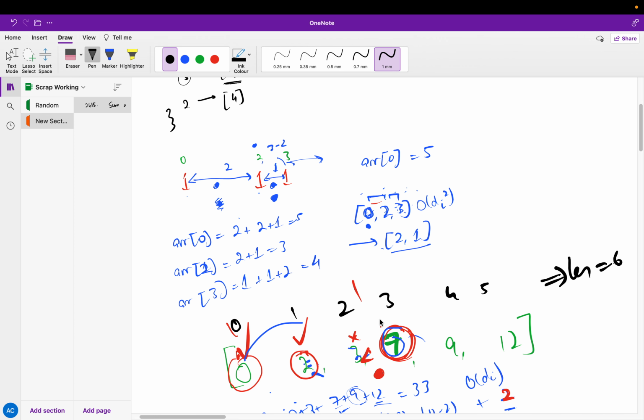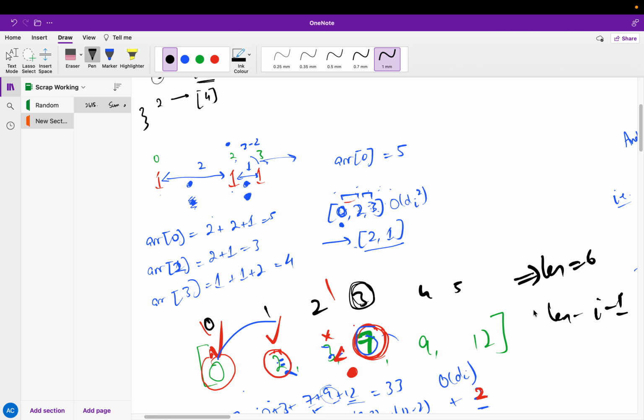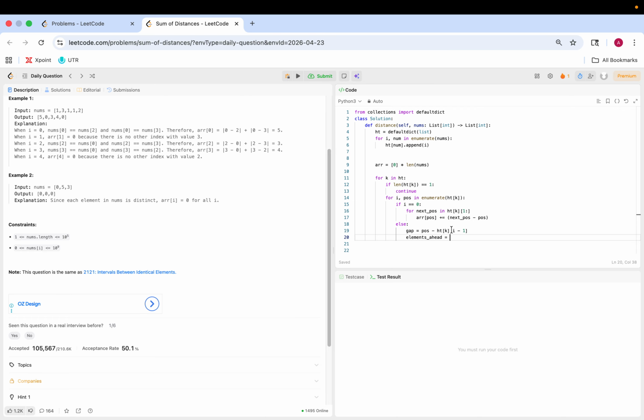So if I'm at index 3, the number of elements ahead is the length minus my index minus 1. 6 minus 3, minus 1. So the length of ht at k, that particular list, minus my current index, and then minus 1.